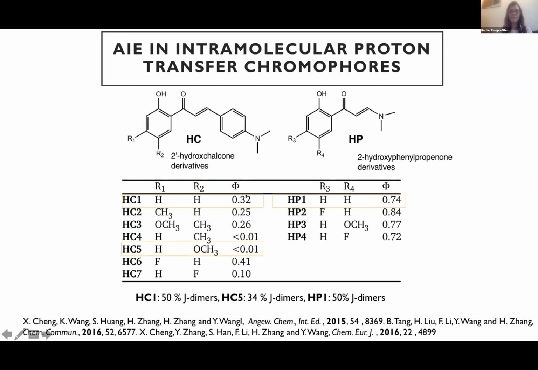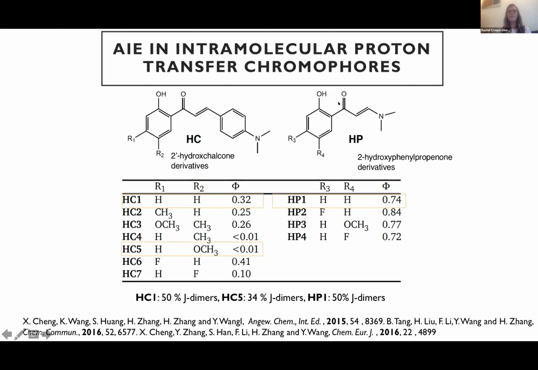there is a set of molecules that have relatively high quantum yield, while when you substitute, for example, this system with a methyl group or a methoxy group on the para position, you completely switch off fluorescence.